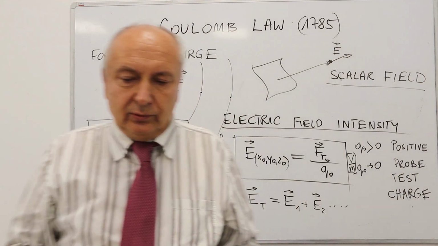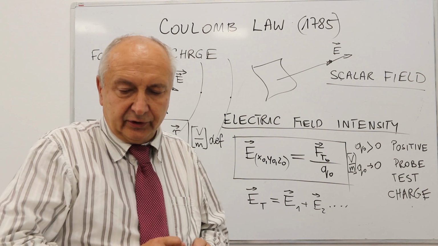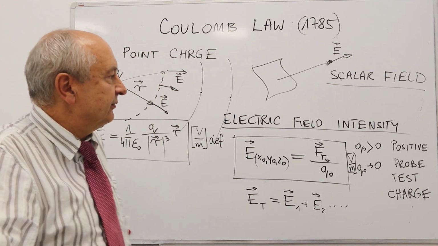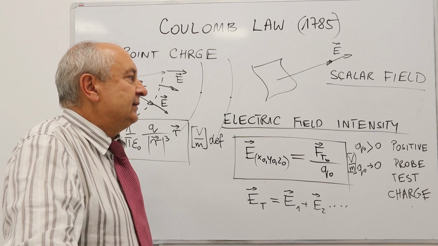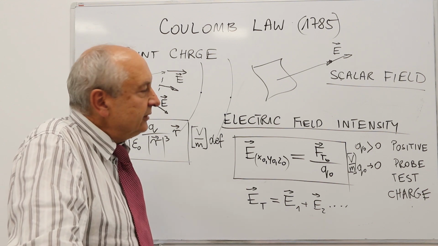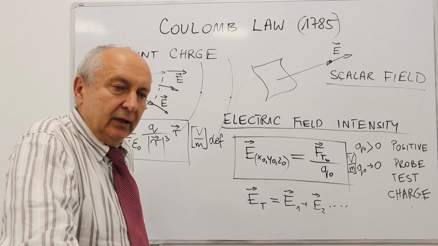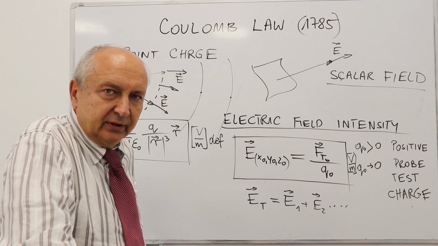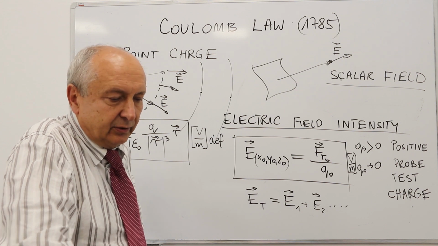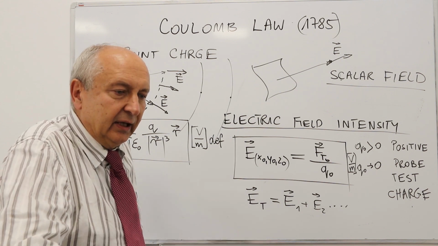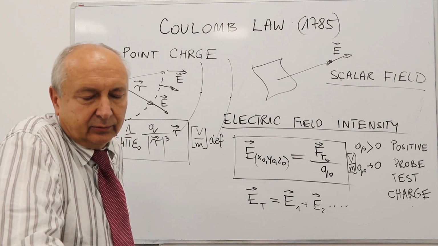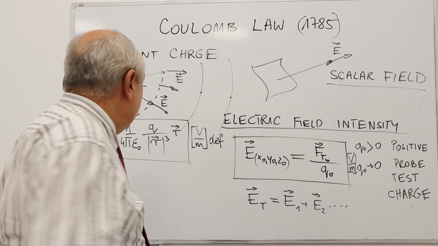Let's return to the vector field because it is much more interesting for us. It would be very nice to be able to see this field. Unfortunately, there is no physical phenomenon that allows us to see the electric field.